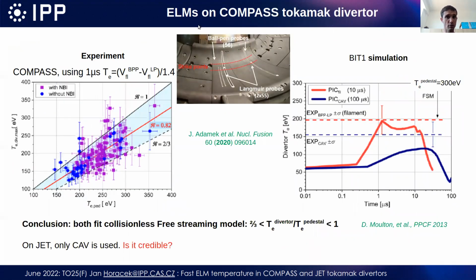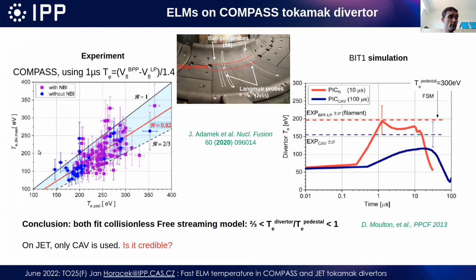So first, let's start on COMPASS, not on JET. At the tokamak divertor, we have the advantage of two types of probes. We have normal swept Langmuir probes, and also an array of ball-pen Langmuir probes, which allows us to measure the electron temperature with 1 microsecond resolution, just from the difference between the floating potential of the ball-pen and Langmuir probes.